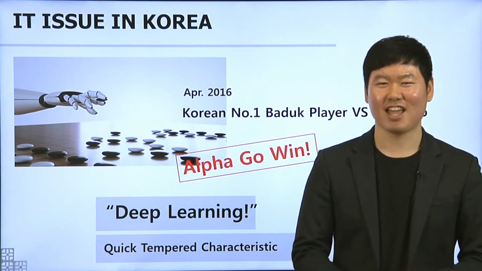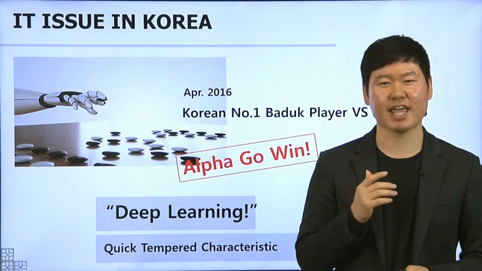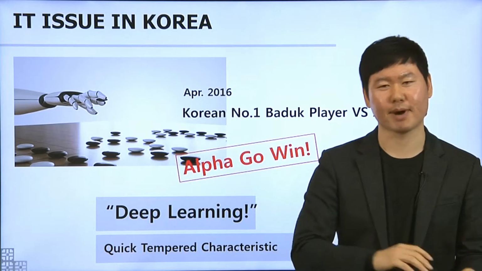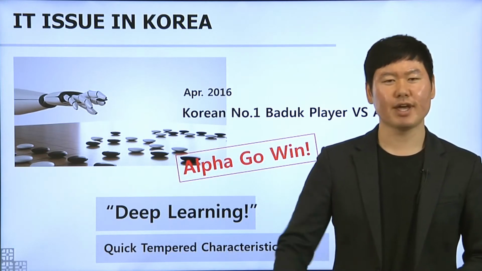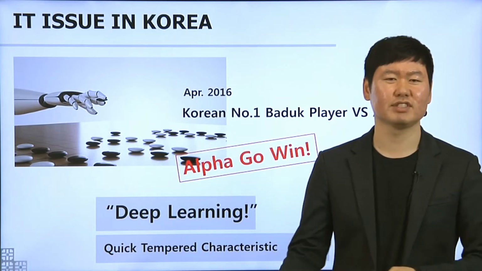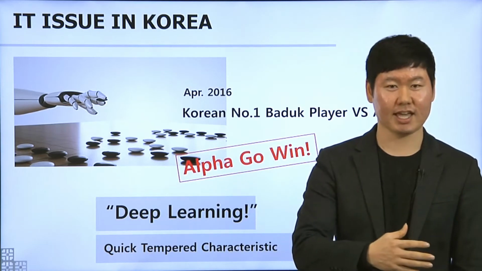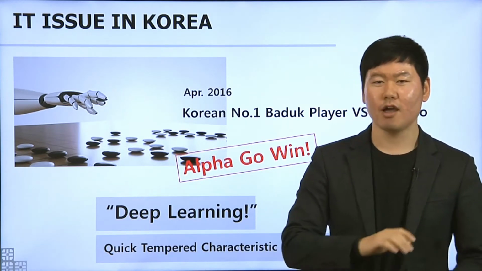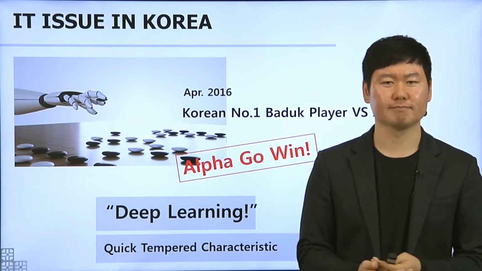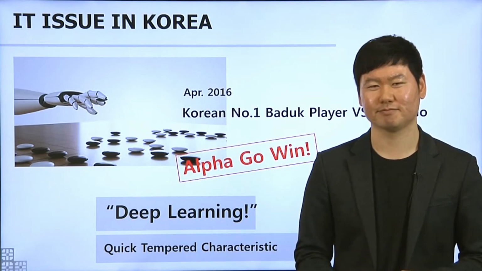However, many people worry about it because they are concerned about their job roles being replaced by AI. Anyway, this is my opinion. Do you know the Korean characteristic? It is a quick temper, boiling quickly and cooling quickly. The fourth industrial revolution is coming, right? No doubt. But I think it is too much of an issue in Korea now.